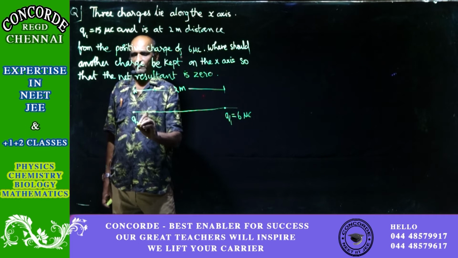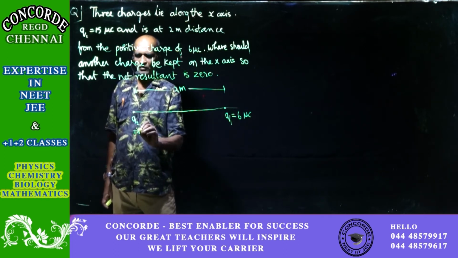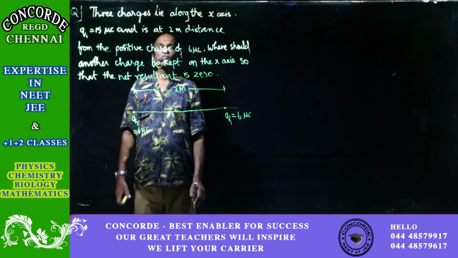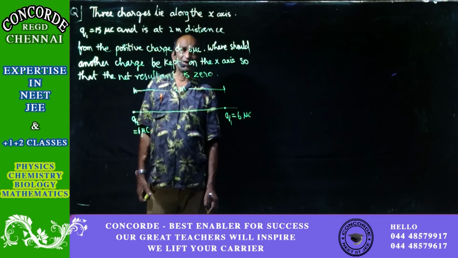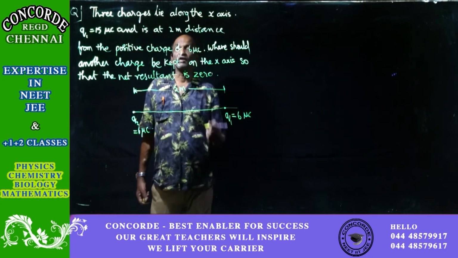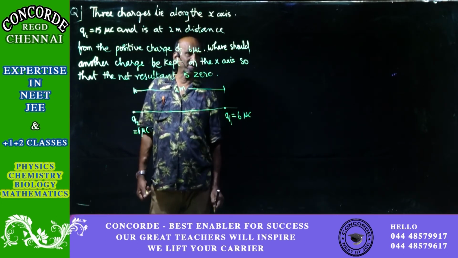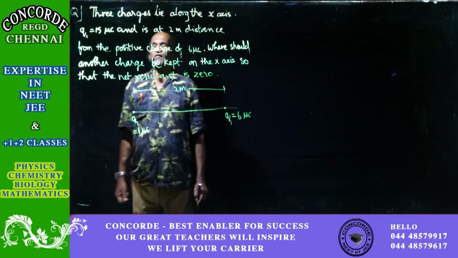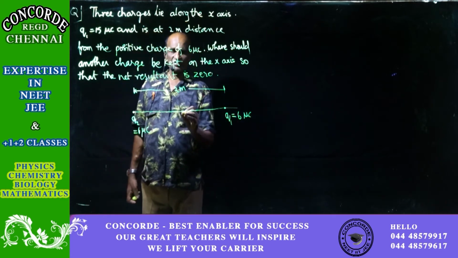So Q2, and that is equal to 6 microcoulombs. Where should another charge be kept on the x-axis? On this, where you have to keep another charge so that the net resultant is 0.